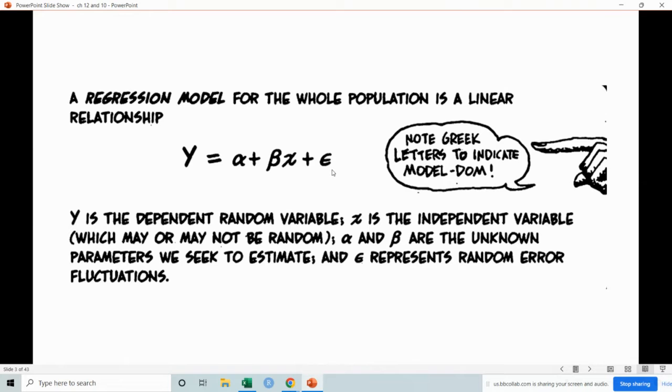And then there's some error associated with the sampling process or any other kind of bias, or all the other x values that are not included. So y is the dependent variable, x is the independent variable, which may or may not be random, alpha and beta are the unknown parameters we seek to estimate, and epsilon, or small e, represents random error fluctuations.